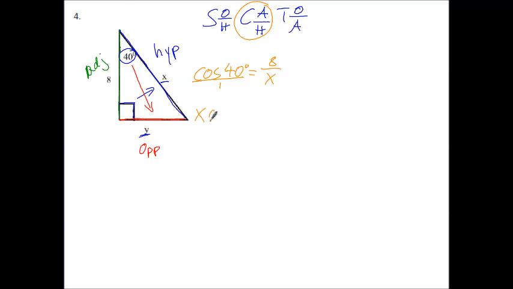By cross multiplying, we got x times the cosine of 40 degrees is equal to 8. And here is where we divide by the cosine of 40 degrees on both sides. And x is equal to 8 over the cosine of 40 degrees.